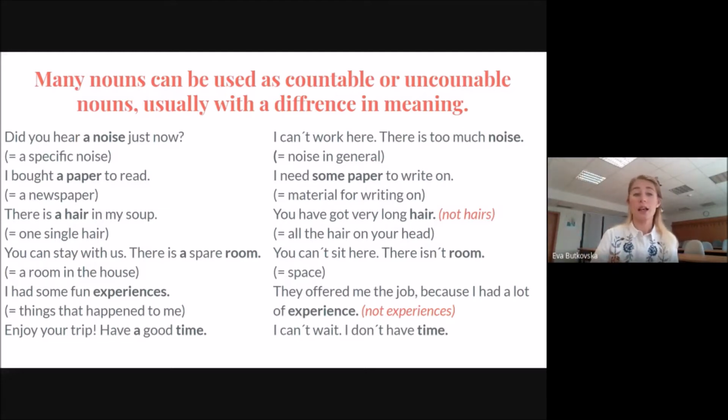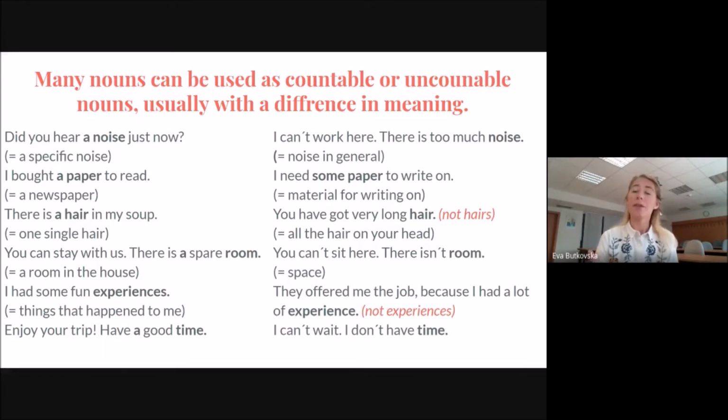Let's look at another example. You can stay with us. There is a spare room, meaning a room in the house. There is a spare room, so a bedroom or dining room. So that's countable. But if I say, you can't sit here, there isn't room, I'm talking about there isn't space.